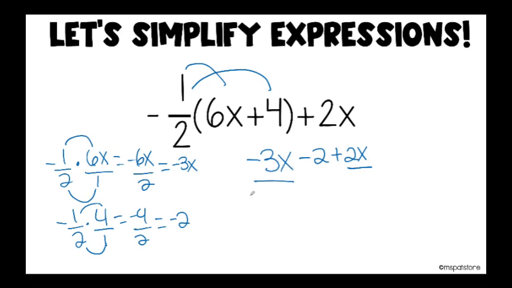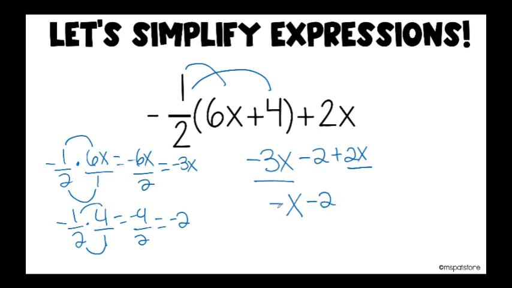So different signs, I need to subtract and keep the sign of the greatest absolute value. In this case, it's negative 3. So negative 3 and 2 is basically negative 1. Remember, a variable alone always has an invisible 1 right in front. So it will be negative x and negative 2.